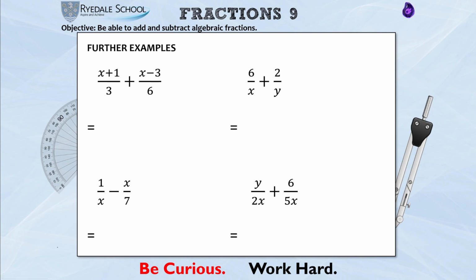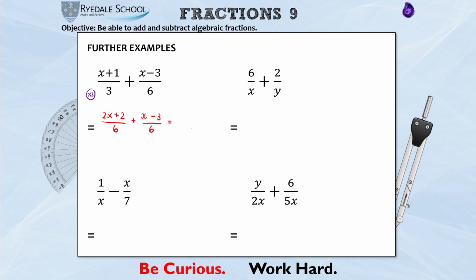Yes, the common denominator is 6, so I can leave this one alone, but I need to multiply the numerator and denominator of this one by 2. If I times everything by 2, I'm going to have 2x's plus 2 over 6, plus, this one stays the same, x take away 3 over 6.